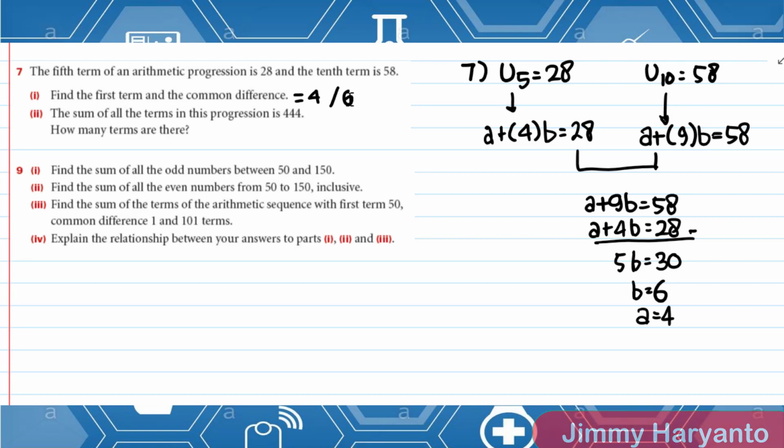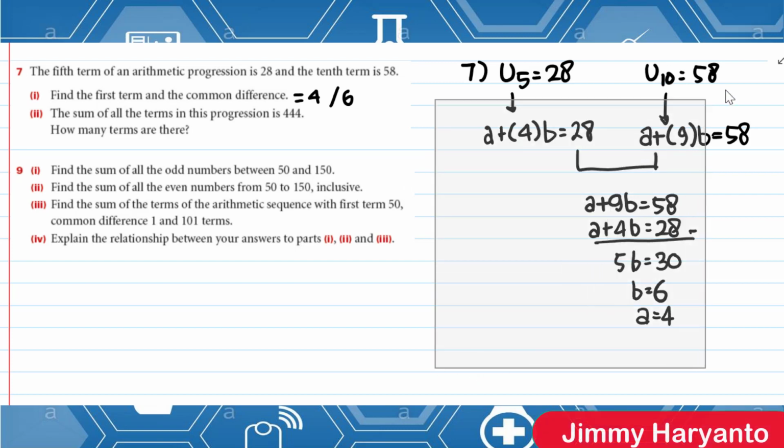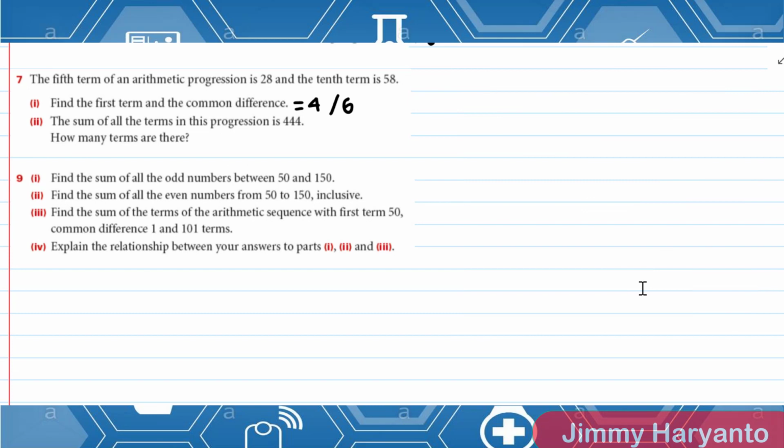Next is the sum of all terms in this progression, which is 444. So the second piece of information is the sum. The sum will be Sn, which equals n over 2 times A plus n minus 1 times the difference. The question is how many terms?